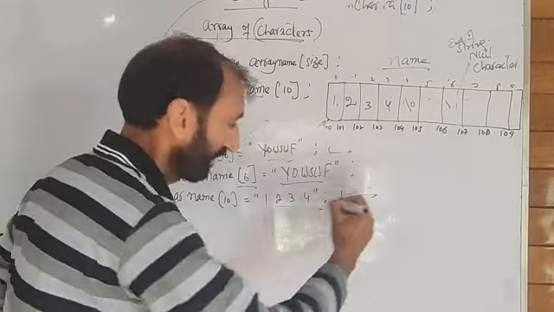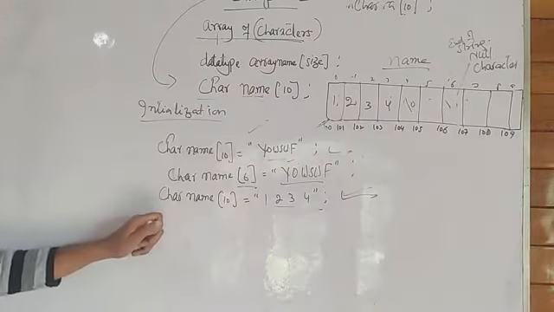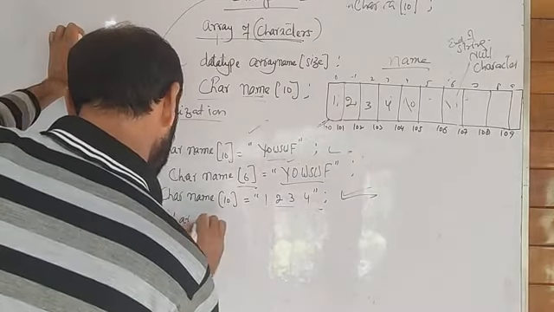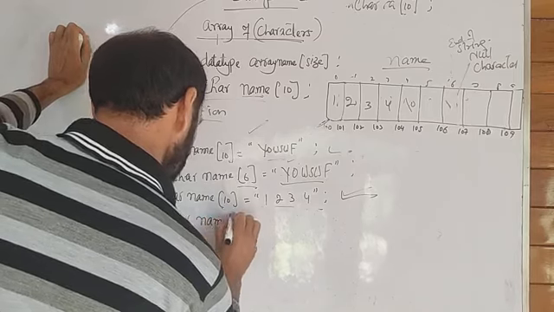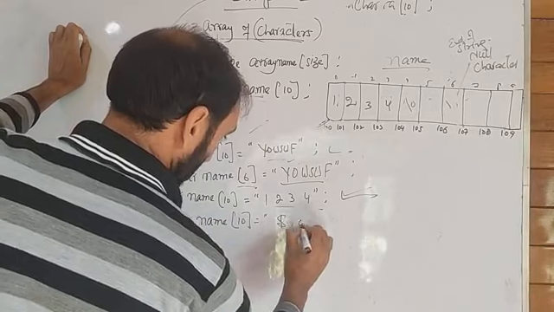If I create a string with double quotes, this is also a correct initialization. For example, char name[10] equal to a dollar sign.